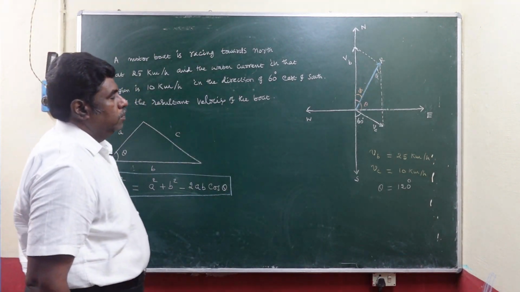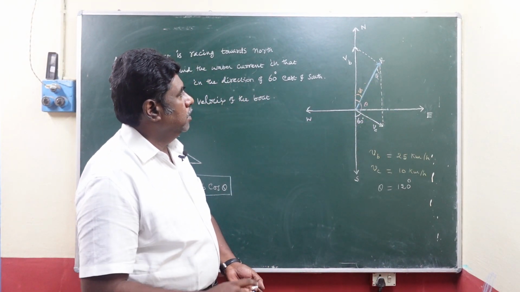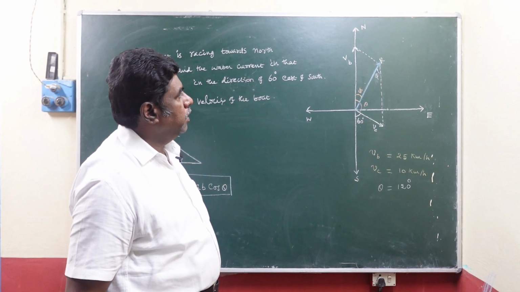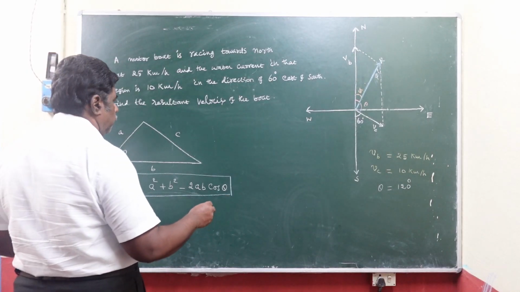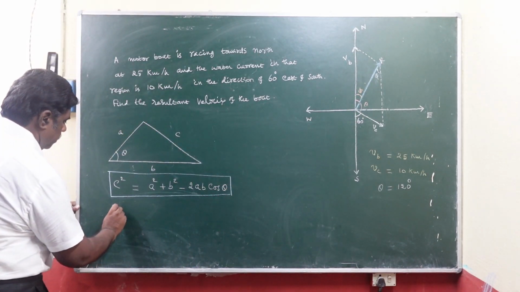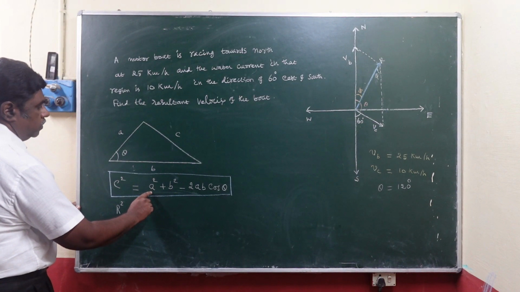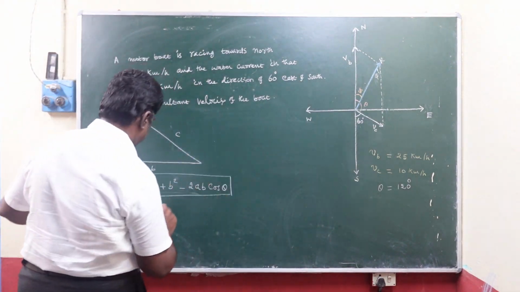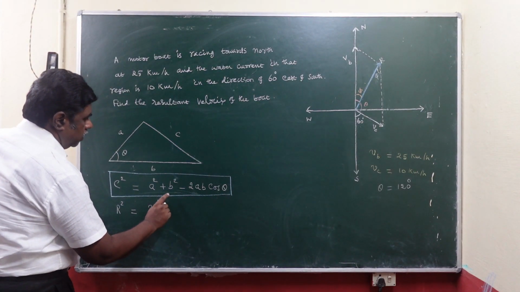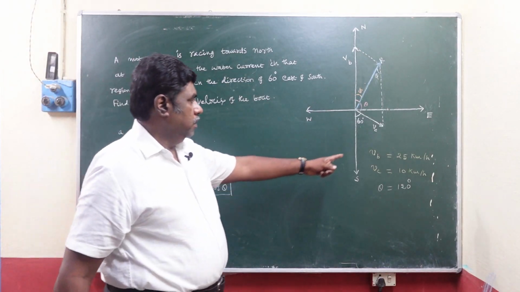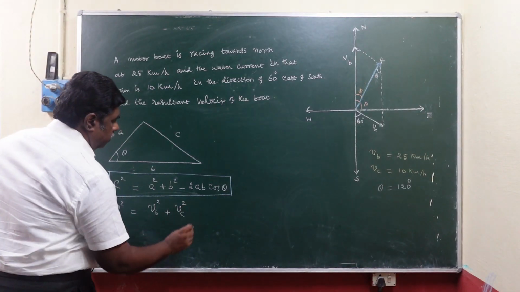Now, to find the resultant velocity, that is R, our diagonal of the parallelogram, we have to use the formula R square equal to, instead of A square, we have to use VB square, velocity of the boat square, plus B square is this much, velocity of the water current, VC square.